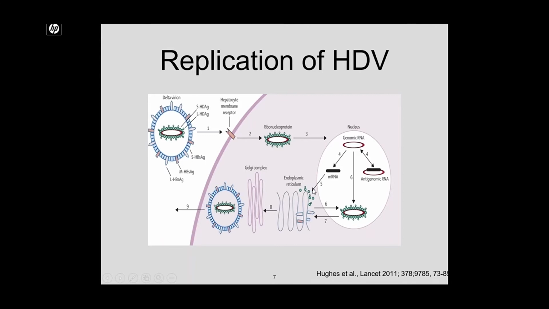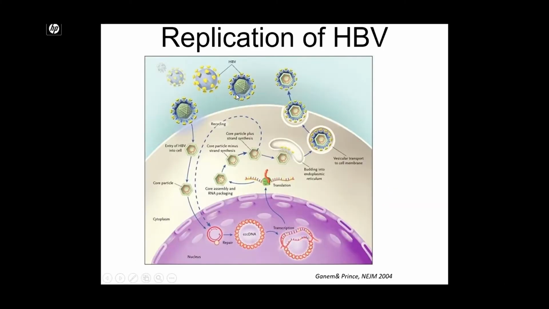Interferon is actually the only drug widely used, though often ineffective, but there is a lot of hope. So we have seen that hepatitis D virus is defective. It's present with the hepatitis B virus, but when you look at the life cycle, they don't share many things except the entry phase.